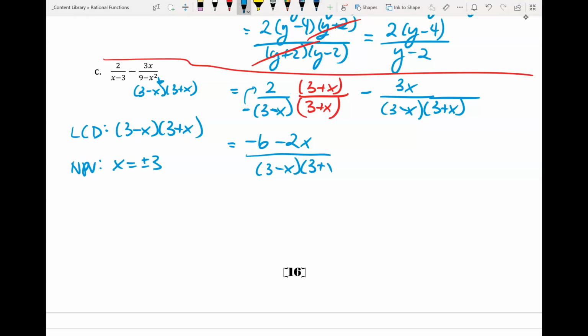And I'll leave our denominator with the LCD. And then I'm going to just attach the other numerator, so we can put this all under one denominator for now. So this negative 3x is just coming from our second rational.